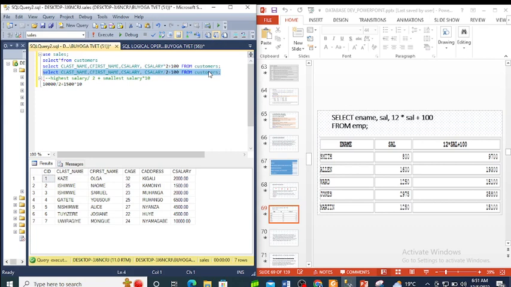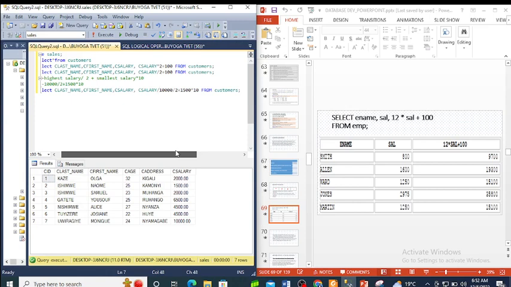Now let's use our syntax. This one. Then we take this here. This is salary divided by 1.